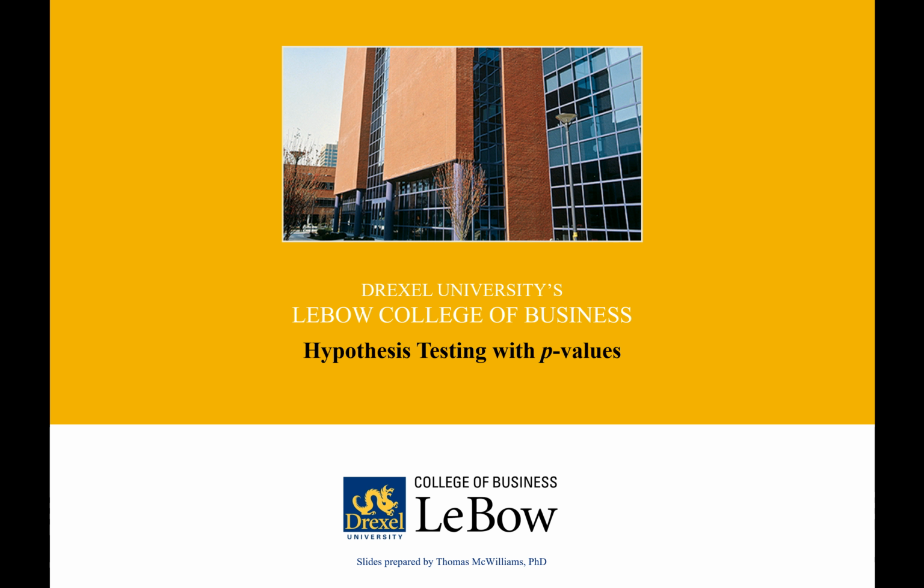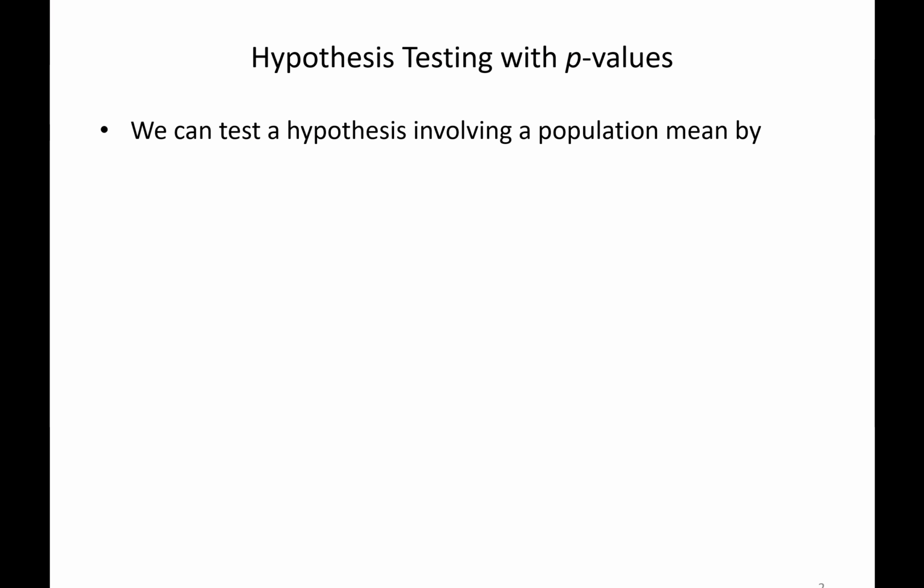In this video, we're going to talk about hypothesis testing done with p-values. Previously, we have established the framework for hypothesis testing in a couple different ways. The first was comparing a test statistic to a critical value and determining if the test statistic lies in a rejection region.